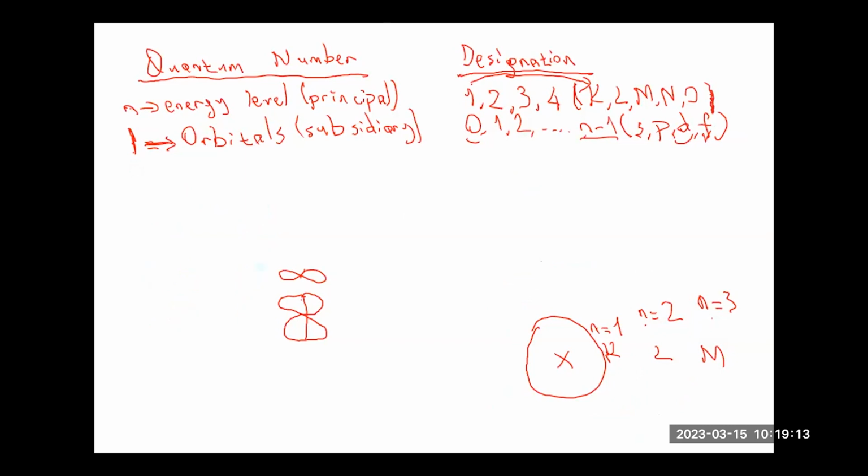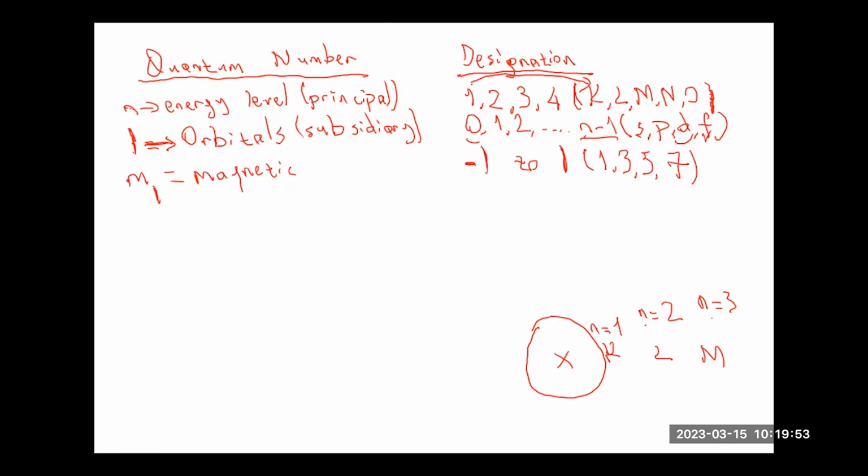We also have a magnetic quantum number, which is denoted by ML. Magnetic. And it starts from minus L and goes till plus L. And the numbers are 1, 3, 5, 7.